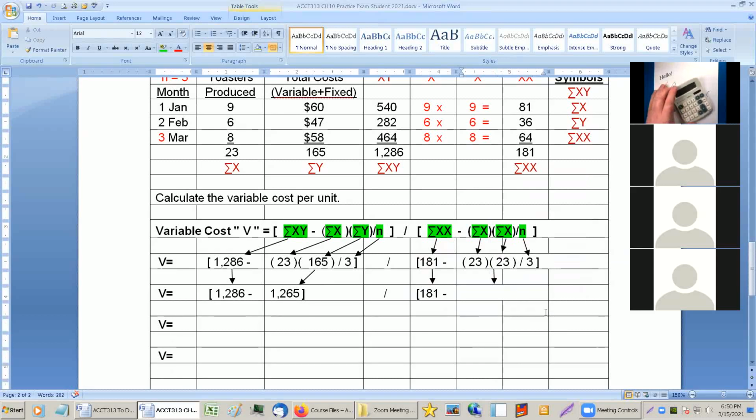All right, so 23 times 23 times 23 equals, so 23 times 23 divided by 3. 176.33.